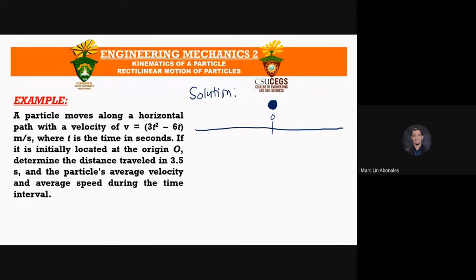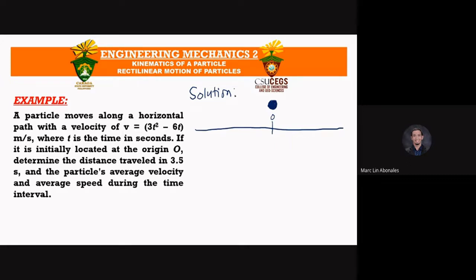After we establish its coordinate system, the next thing that we will do is to answer the following questions. The first one is the distance traveled in 3.5 seconds. The distance traveled in 3.5 seconds is not the position S that we need to identify, but it is actually the total distance covered by the particle within the time interval of 3.5 seconds.